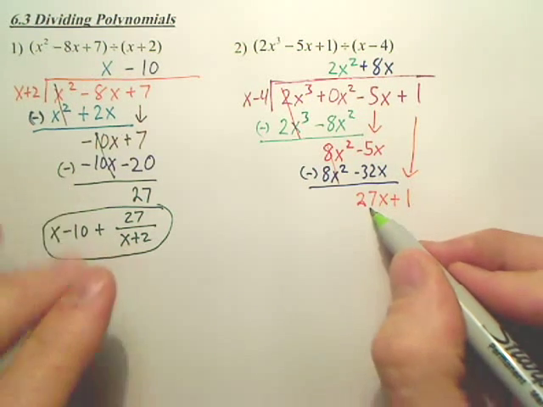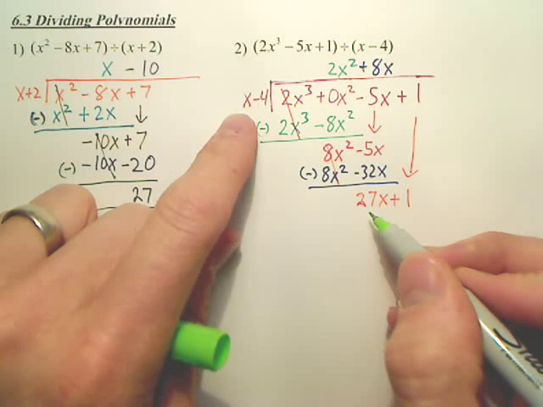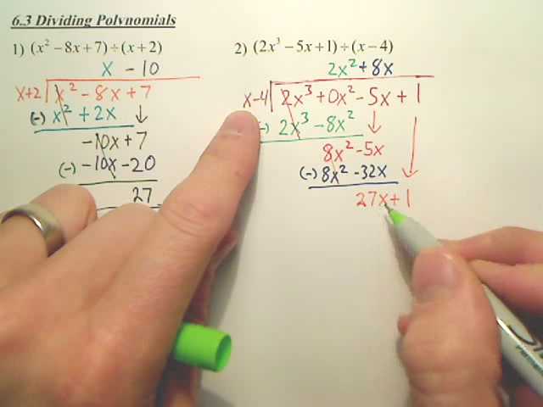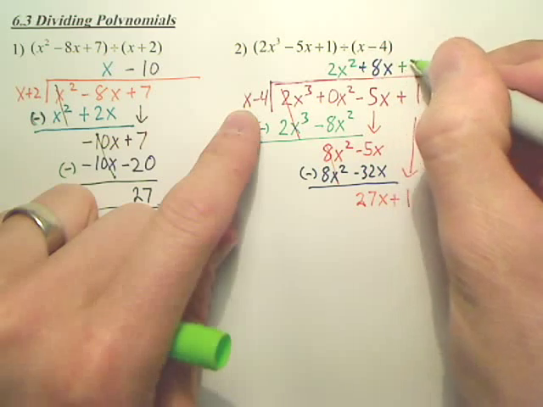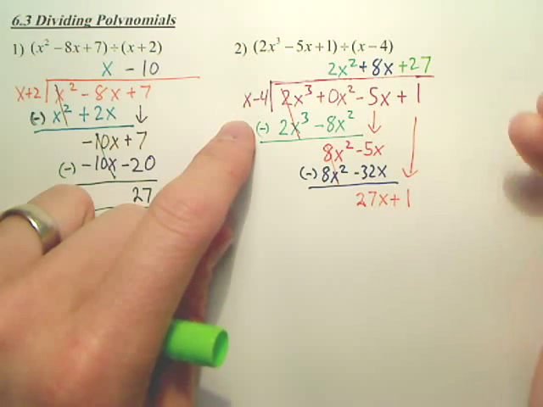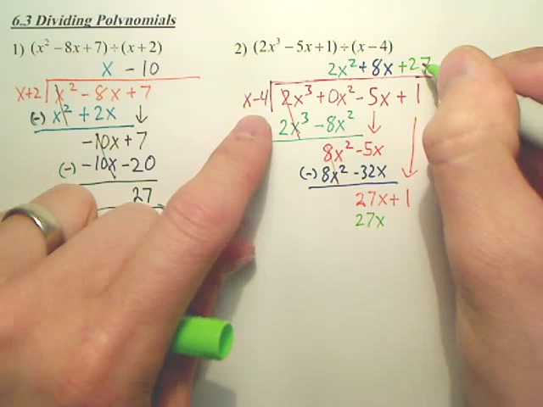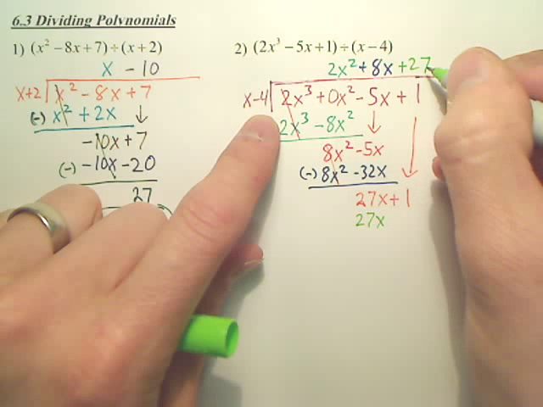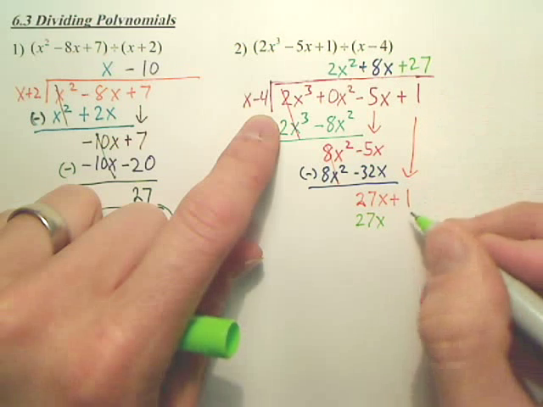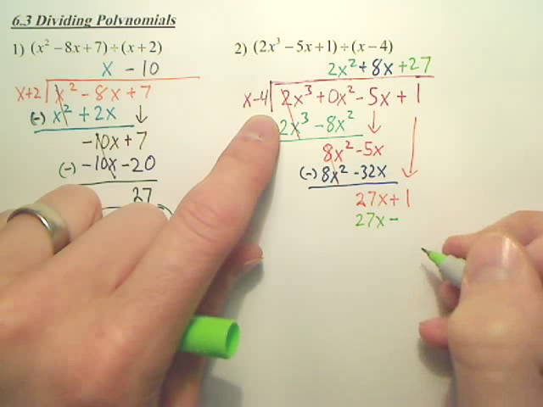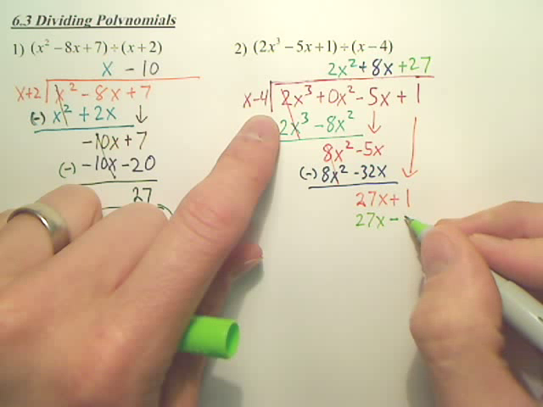Okay. 27x. What do I need to multiply x by to get 27x? 27. Positive 27. So 27 times x gives you 27x. 27 times negative 4, that's kind of big. But that's going to be negative 108.